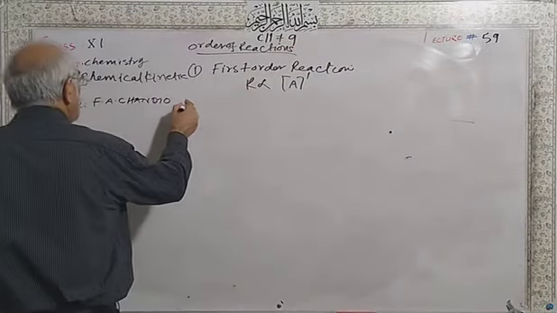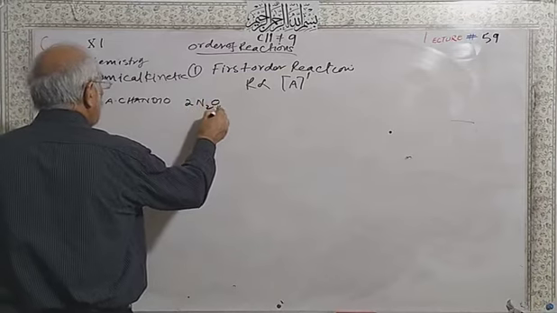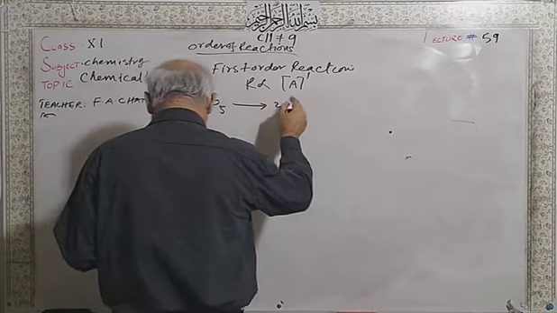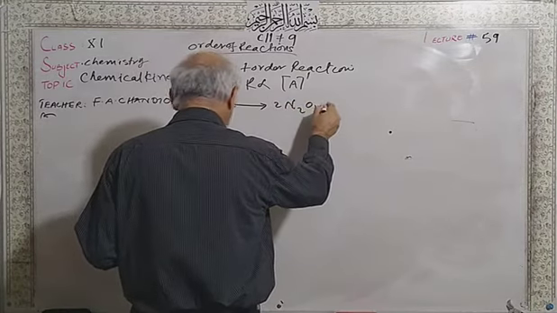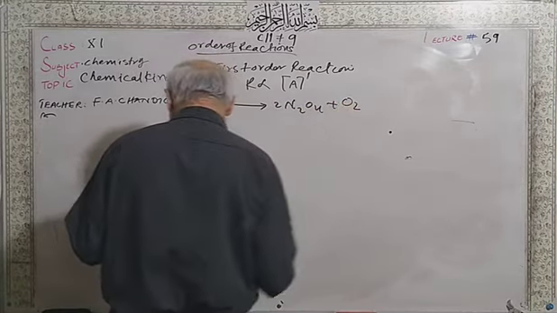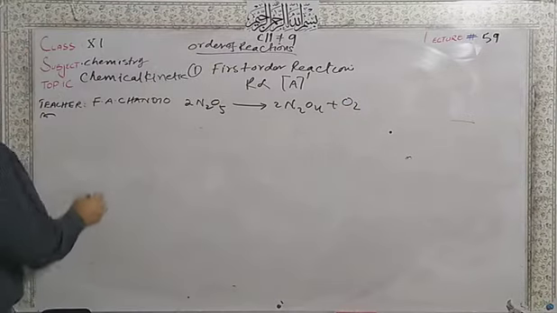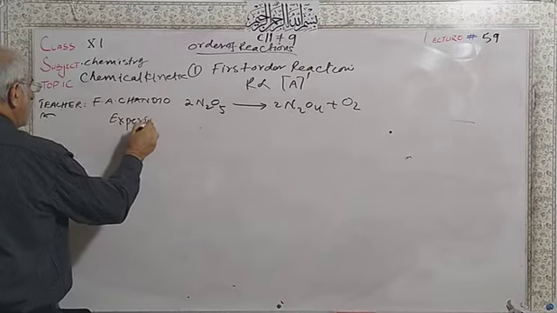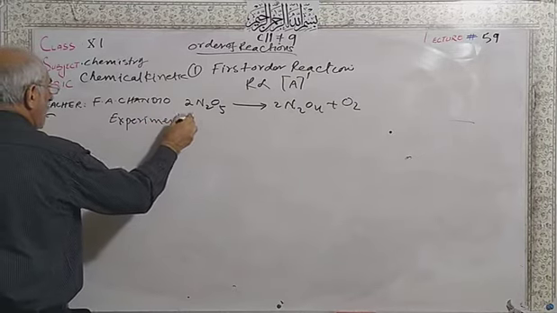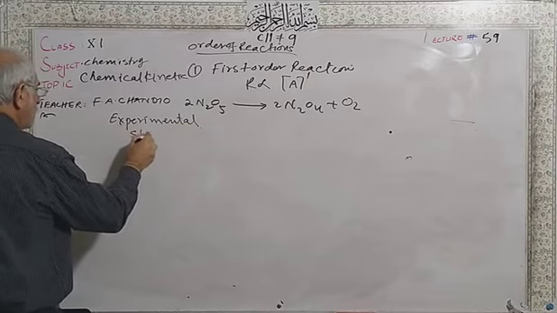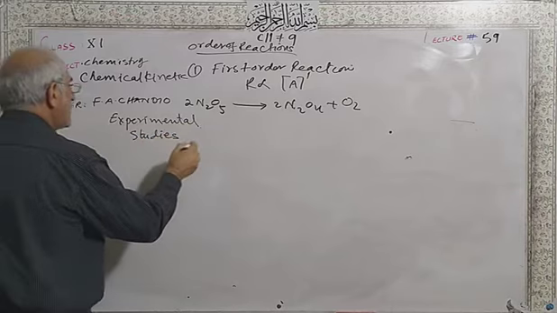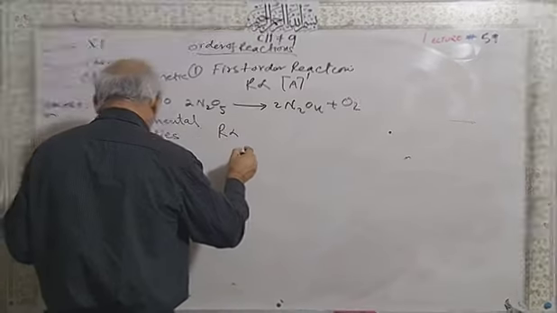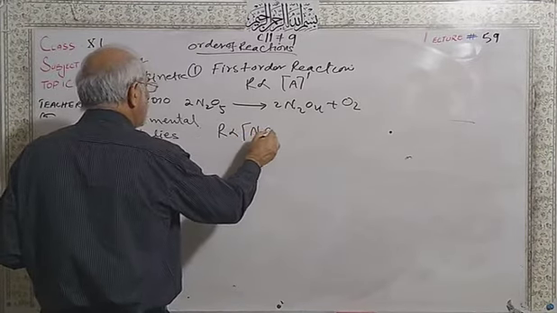The reaction is 2 moles of N2O5 decomposing to give 2 moles of nitrogen tetroxide and oxygen gas. Students, according to experimental studies, this reaction is first order kinetics with respect to N2O5.